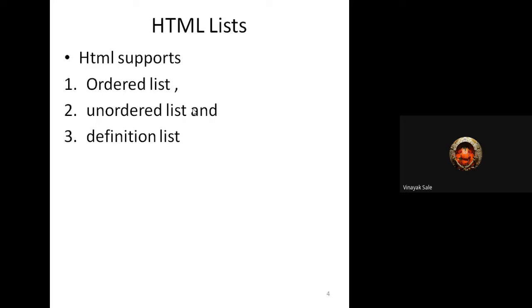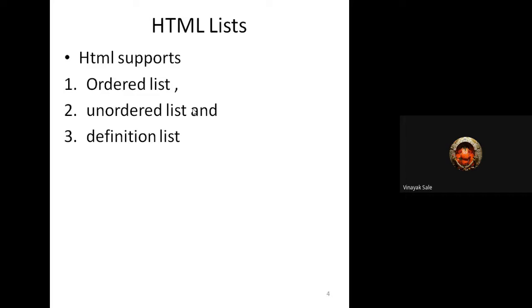That may be an ordered list, and in an unordered list there is no particular sequence. Suppose you have gone to the supermarket and you are seeing things one by one, and there is a list in your hand.